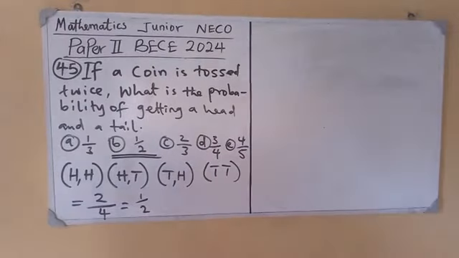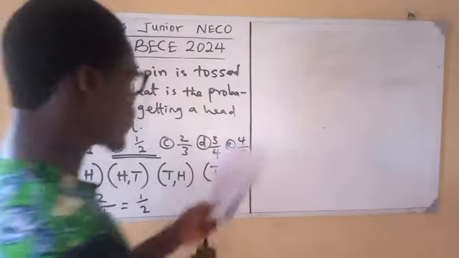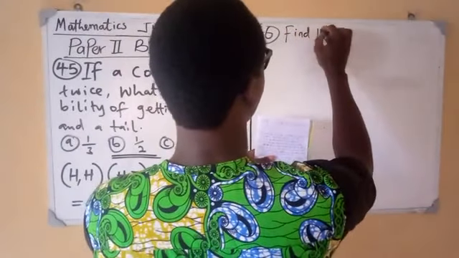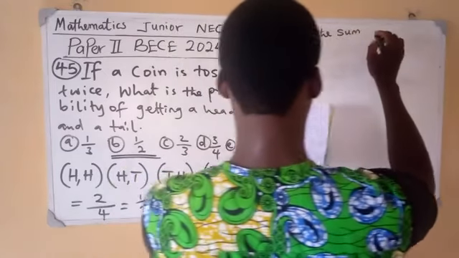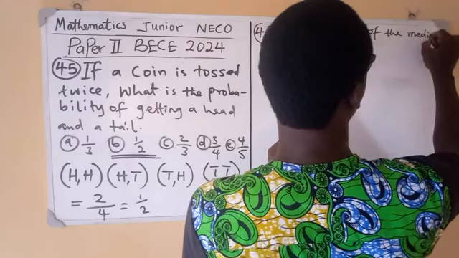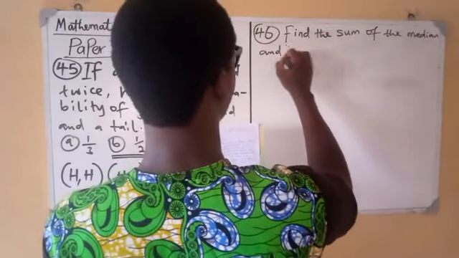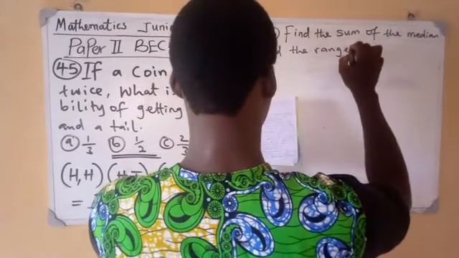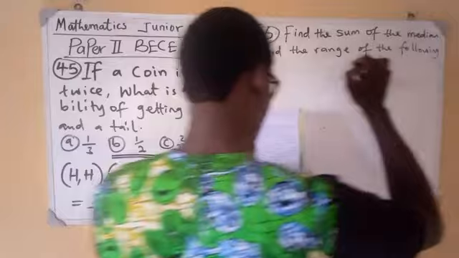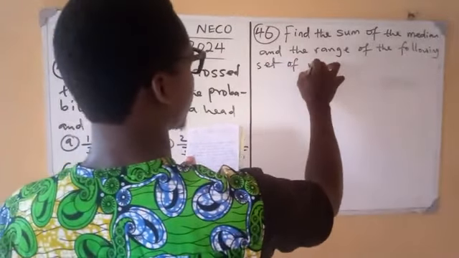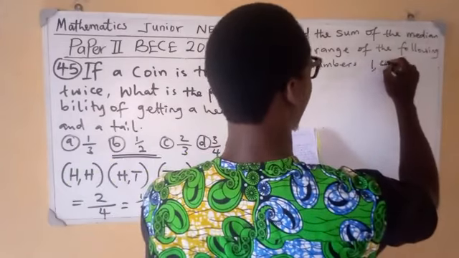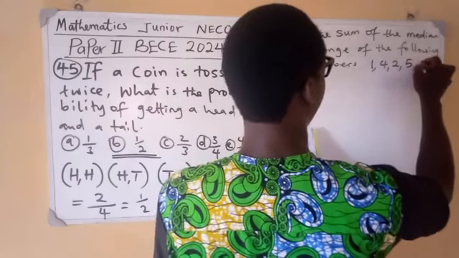Okay, the next question, 46. It says, find the sum of the median and the range of the following sets of numbers: 1, 4, 2, 5, and 3.